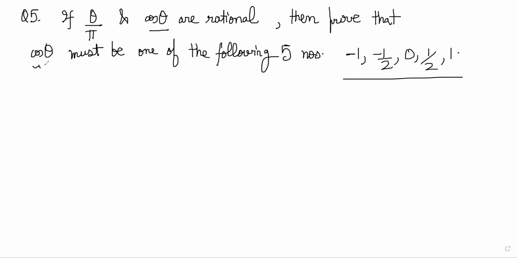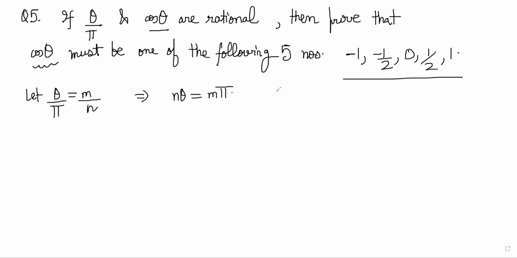Then we have to figure out the values of cos theta and show that it must be any one of these 5 values, right? So let's say that theta by pi is rational, so it is equal to m by n, let's say, where m and n are integers. So basically that means that n theta is equal to m pi, right?